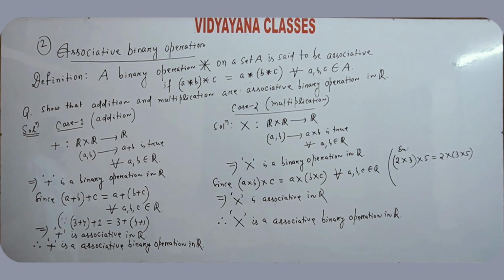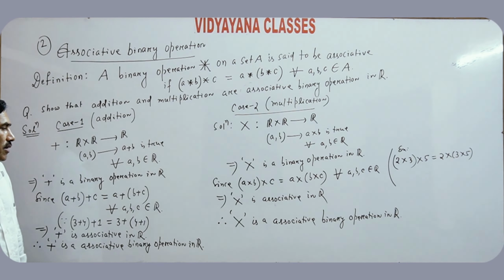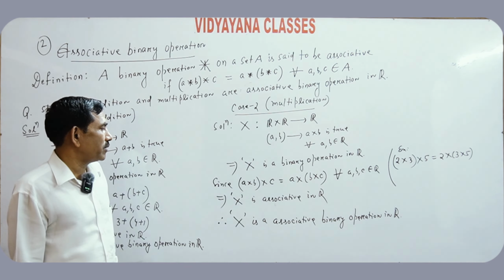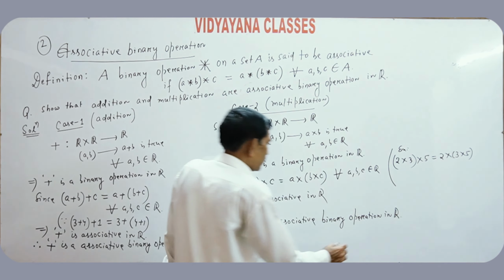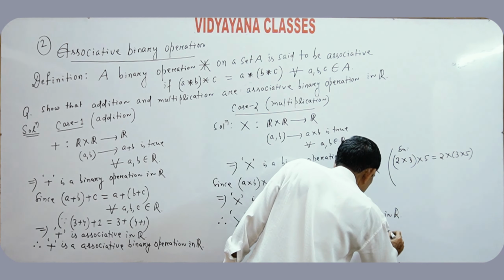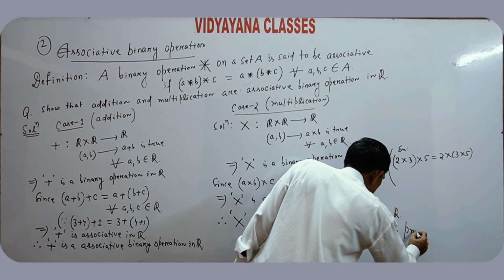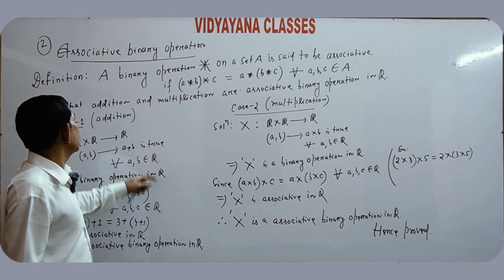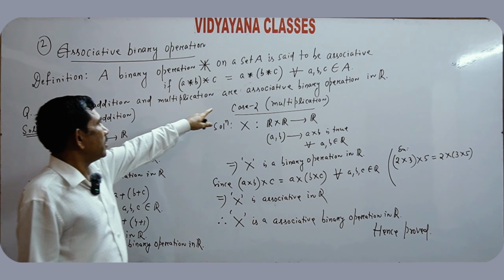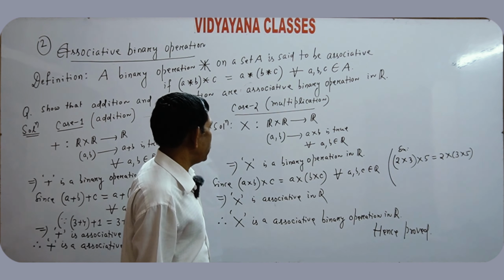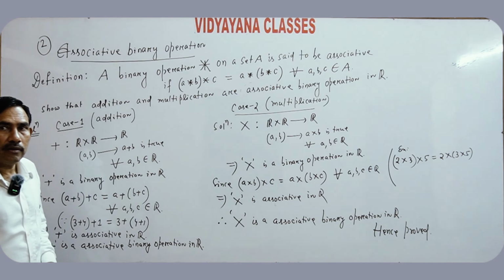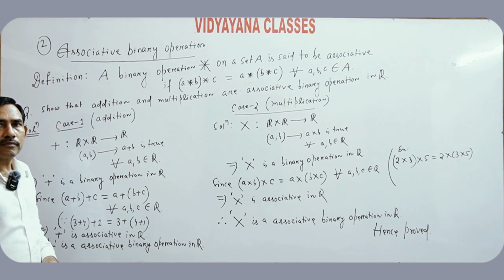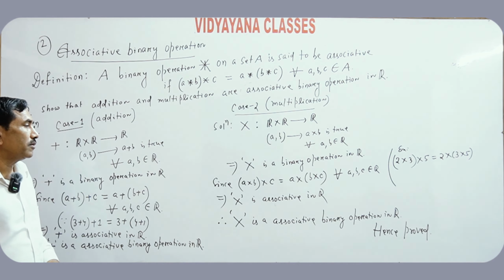Addition is an associative binary operation in R. Multiplication is an associative binary operation in R. Hence, the statement is proved. Addition and multiplication are associative binary operations. Clear? Okay. Note down.